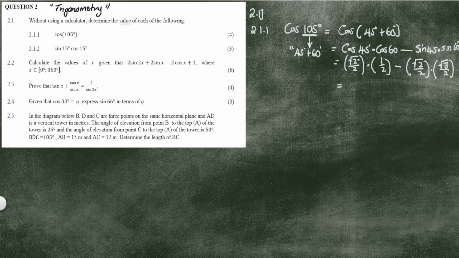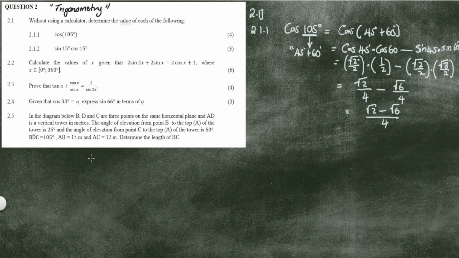This equals square root 2 over 2 times 1 over 2, that's square root 2 over 4, minus square root 2 times square root 3 over 2 times 2, that's square root 6 over 4. So it equals square root 2 minus square root 6, all divided by 4. This is our answer for cos 105.